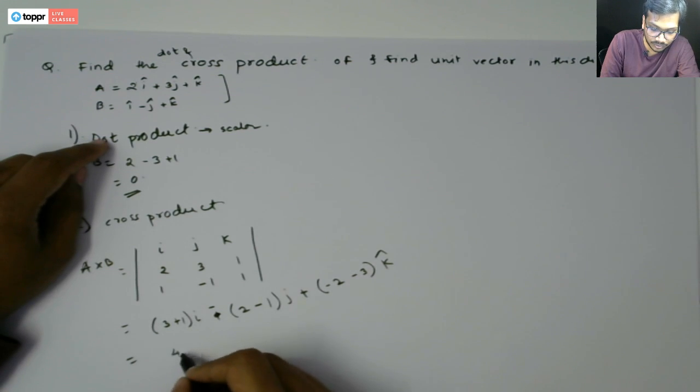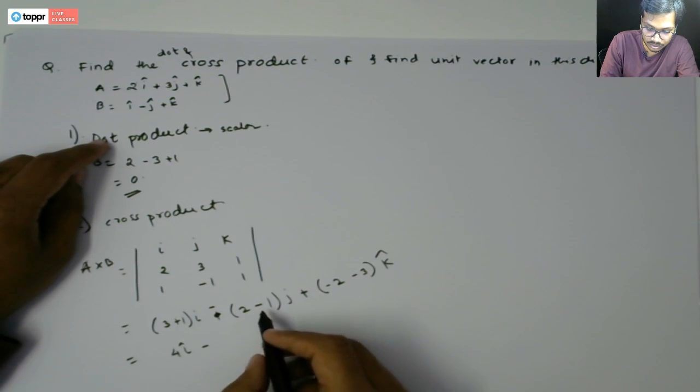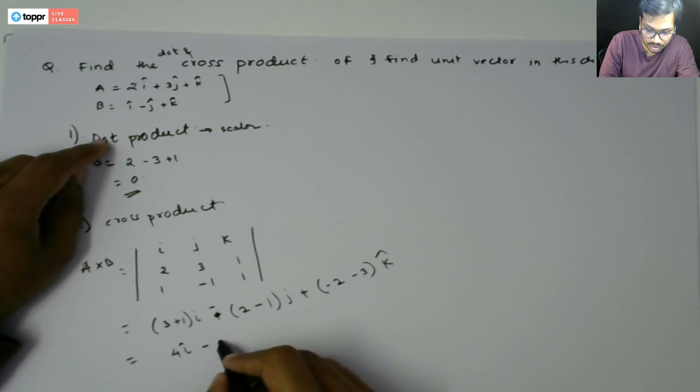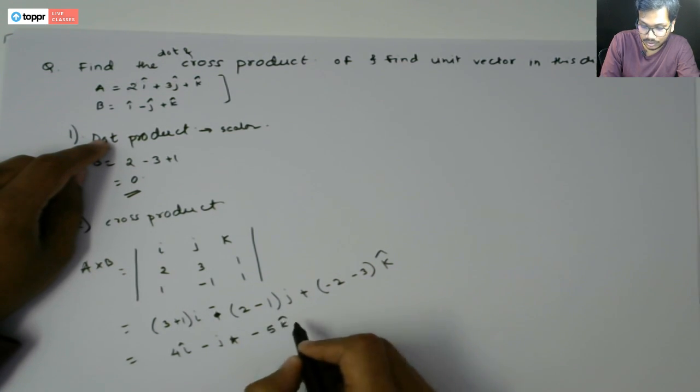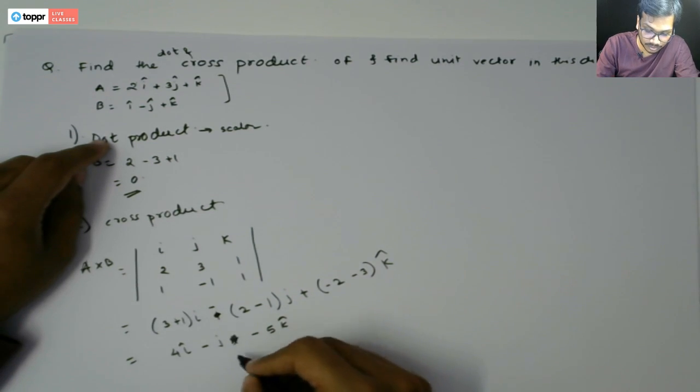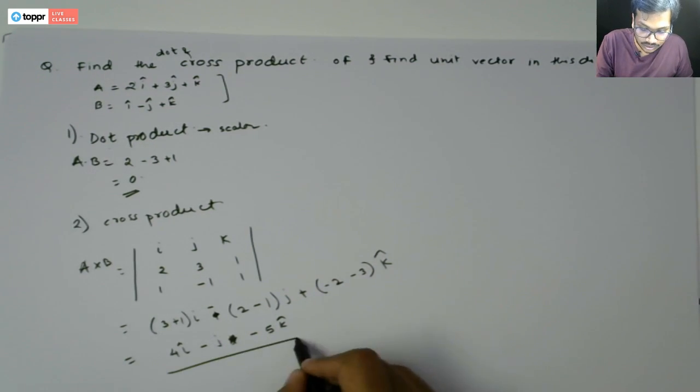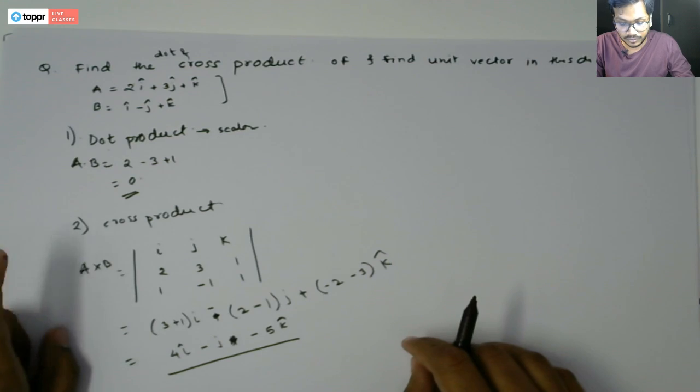So this would give us 4 i cap minus j cap plus minus 5 k cap, minus 5 k cap. So this is the answer of cross product of A into B.